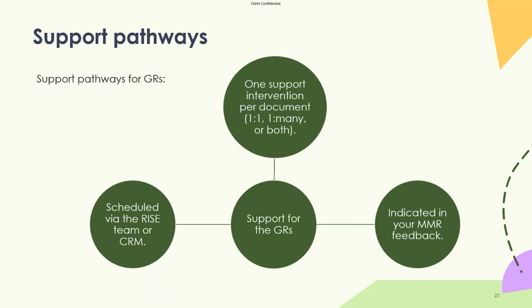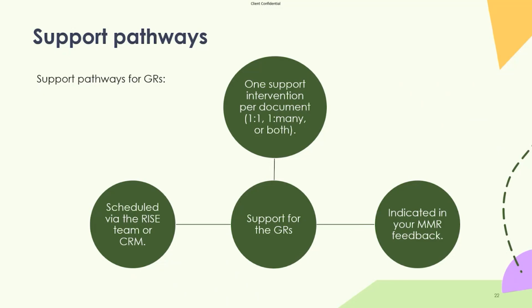There are additional support pathways which are also listed for GRs, as I've mentioned a few times. There can be one-to-one, one-to-many, or both types of support similar to this session. These are typically scheduled by the RISE team or CRM based on the recommendations that an MMR or mock TAC reviewer might give you, might input into the CRM as they are generating your report.